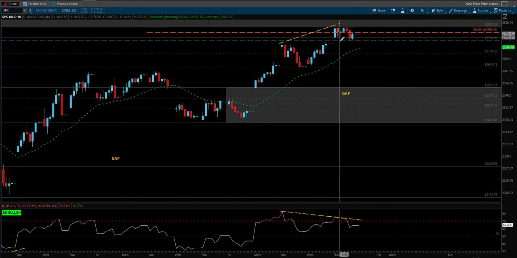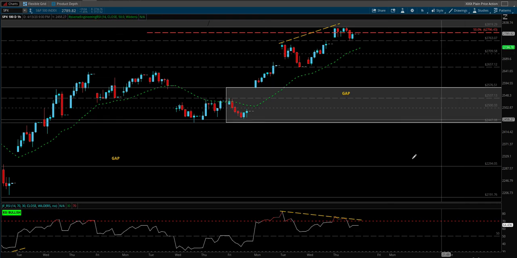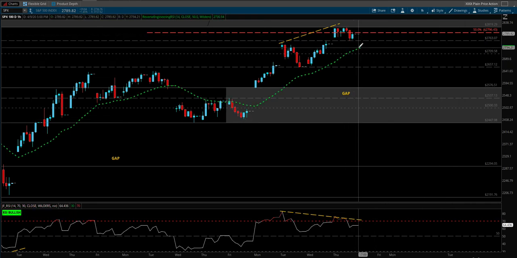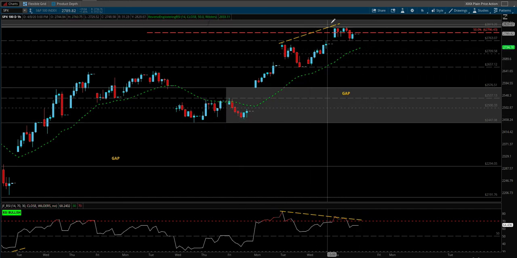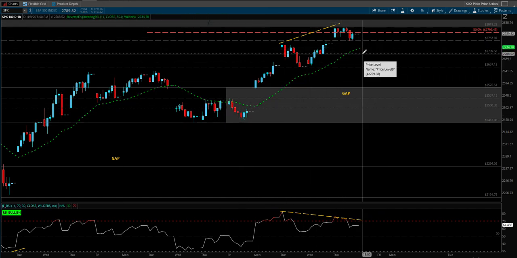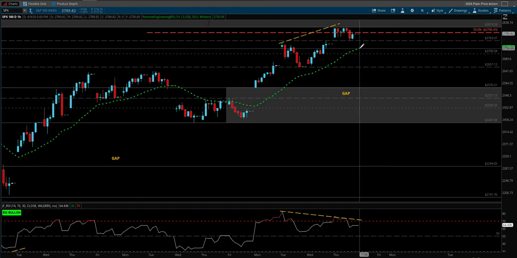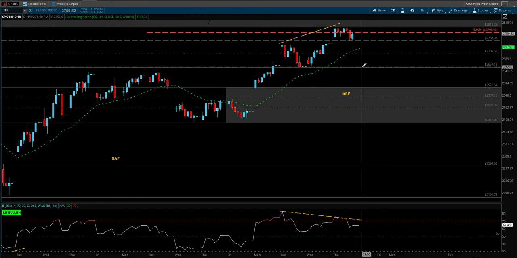So come next week, assuming, well, depending on what happens over the weekend, but assuming there's no news and we just continue from Friday, this looks like this is going to head lower. And as it heads lower, the next support is going to be this lower time frame support and the RSI moving average. And here, you got daily support.